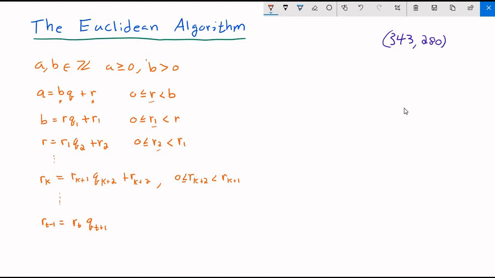So eventually we're going to get some pair of numbers which are divisible. There's no remainder term happening. And the claim of the Euclidean algorithm is that this number r sub t is actually going to be equal to the greatest common divisor of a and b.